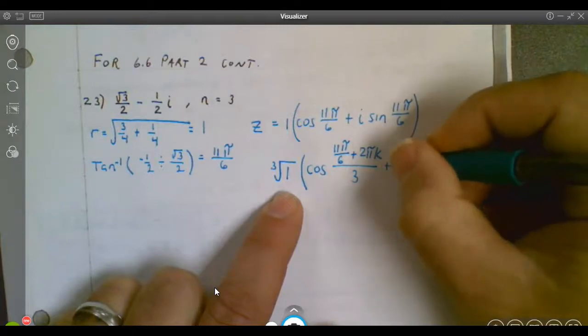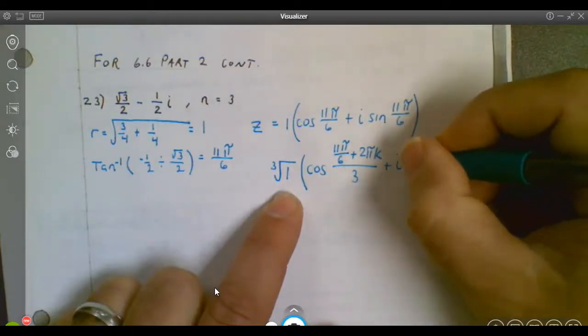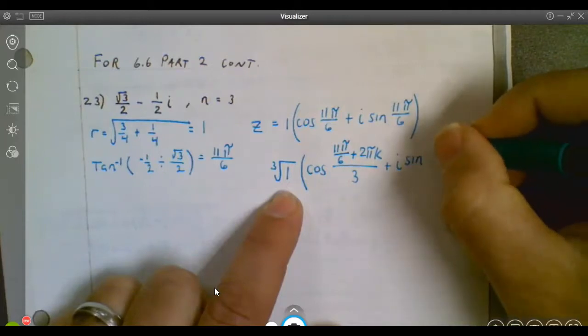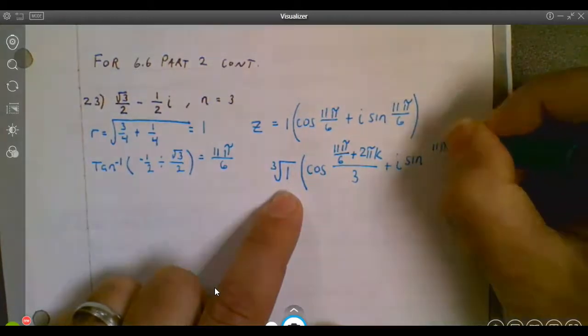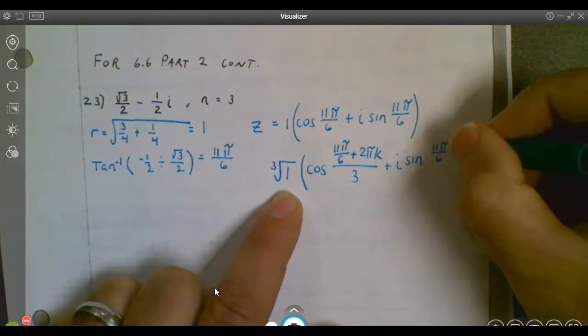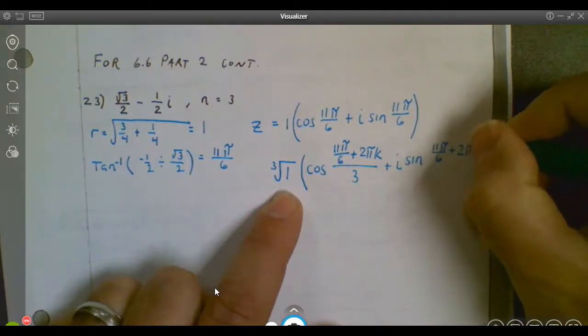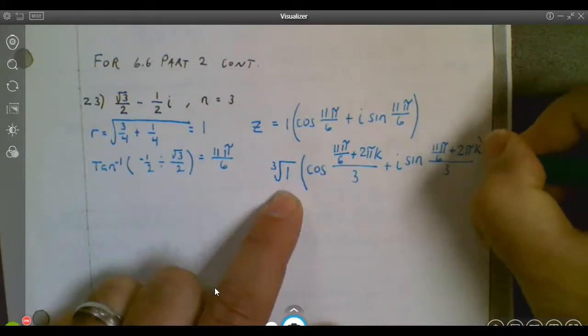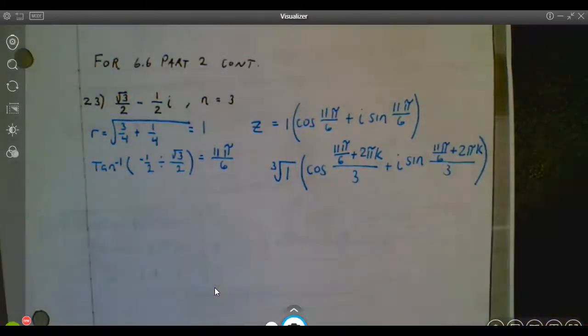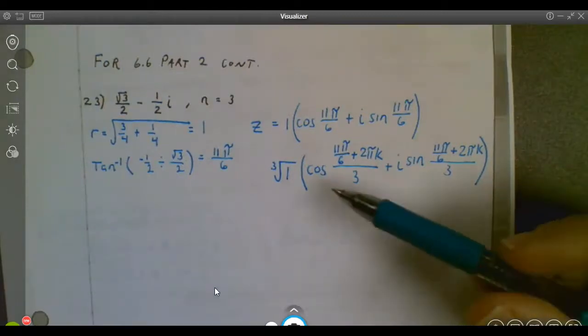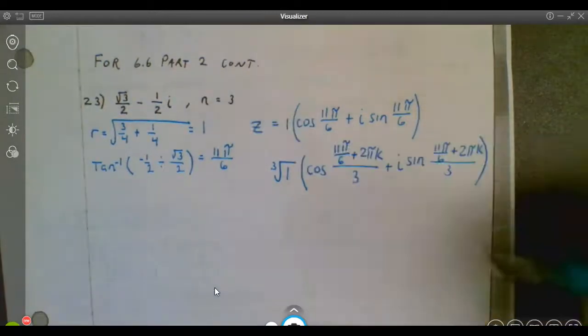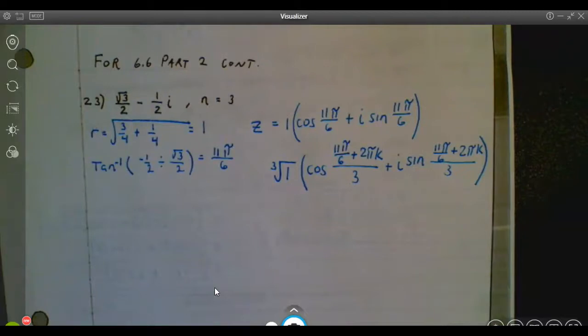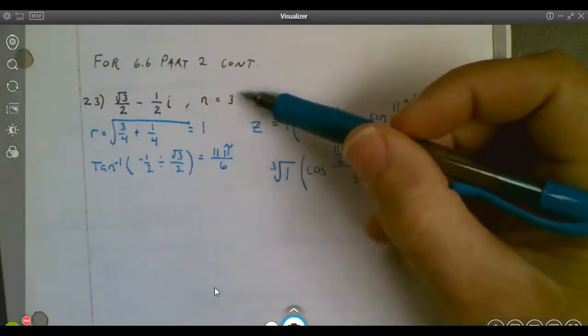Same thing for this guy. So before we start plugging in our numbers for k, keep in mind that we're going to be using 0, 1, and 2 in order to get the 3 results, right? So we always start with 0, and then you work your way up until you have this many values.